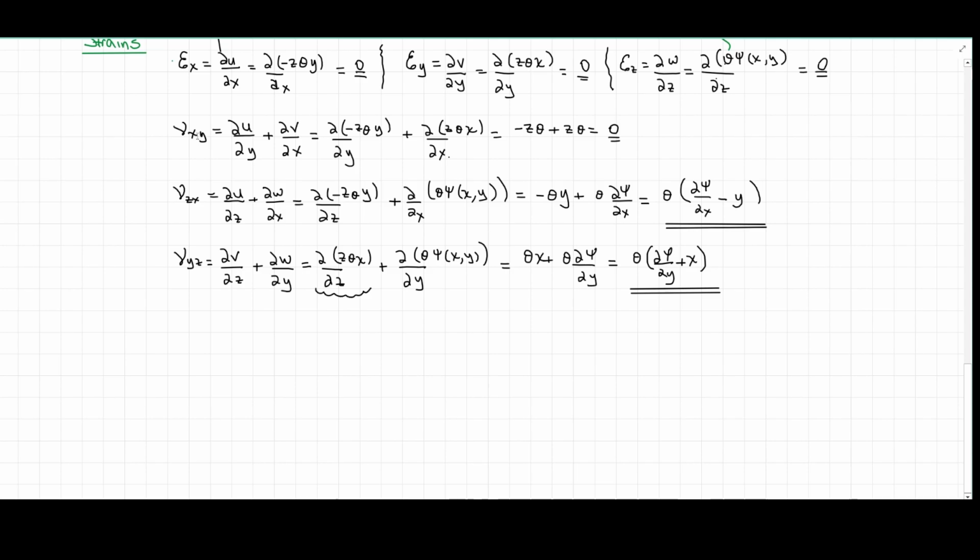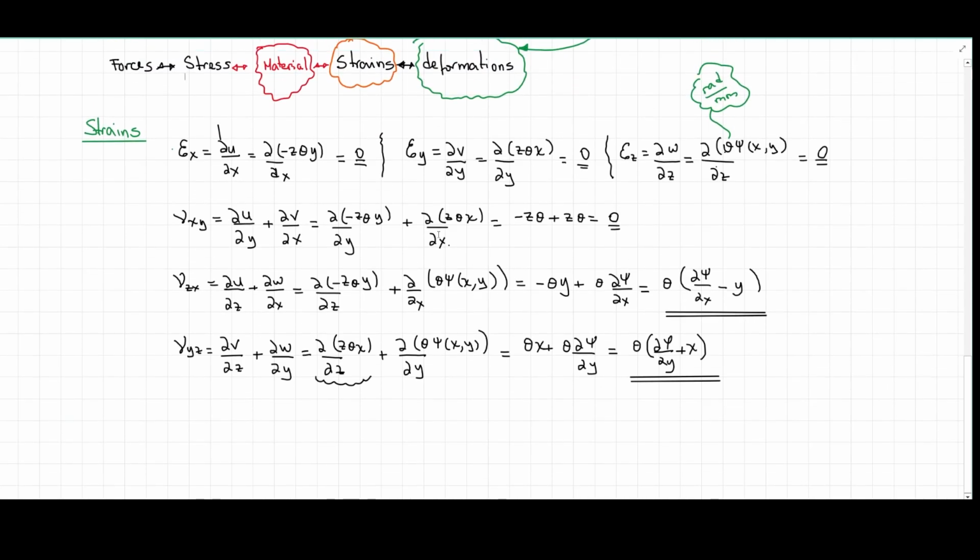If I make a summary of this, I can say, for example, epsilon x equals epsilon y, epsilon z, and also this gamma xy are equal to zero. Then, if we are also relying on Hooke's law, I'm going to say that the stresses caused by those elements are non-existent.